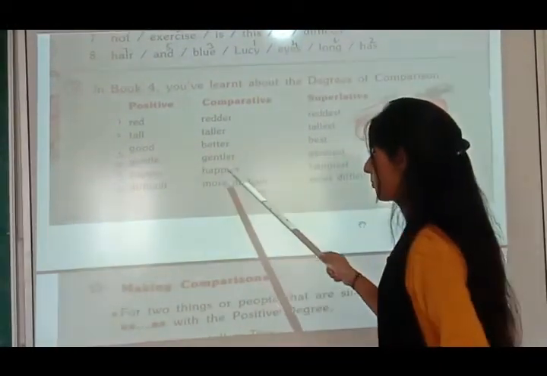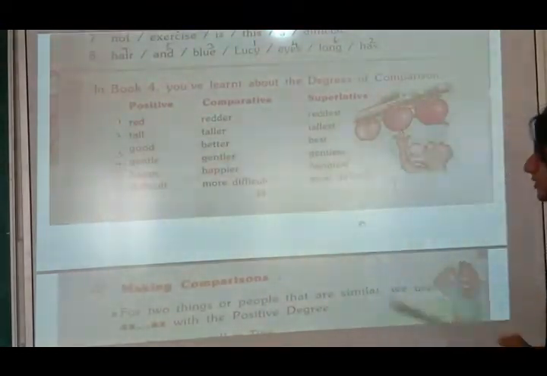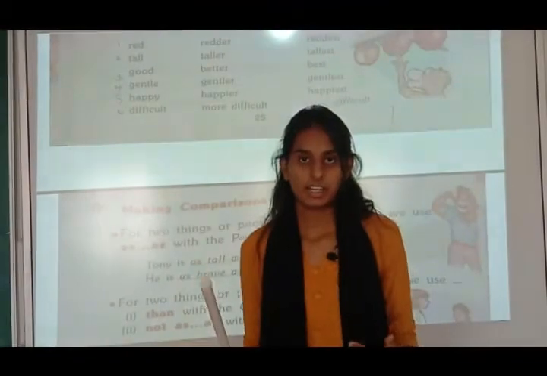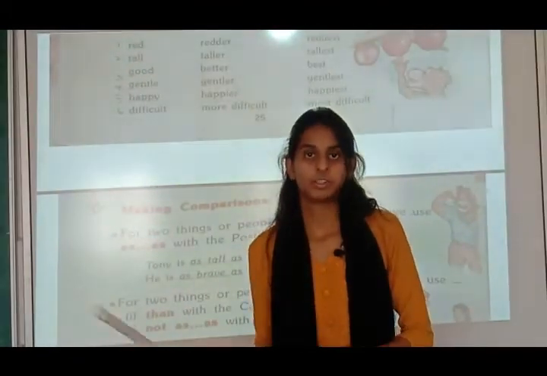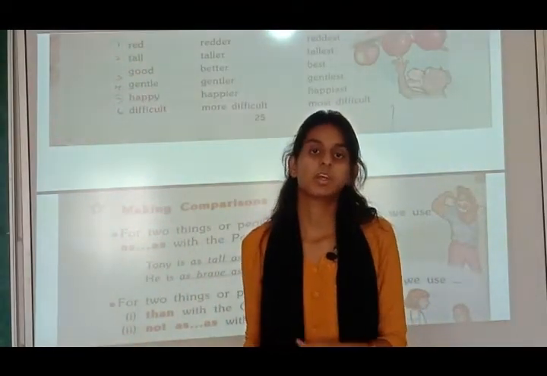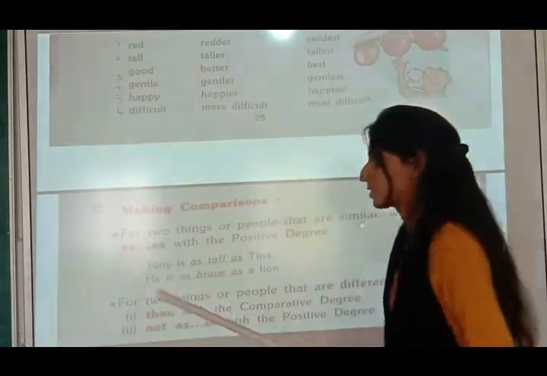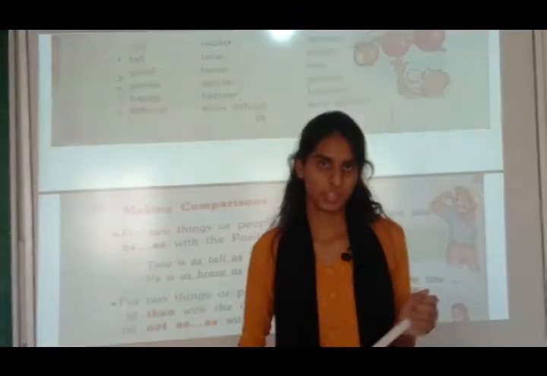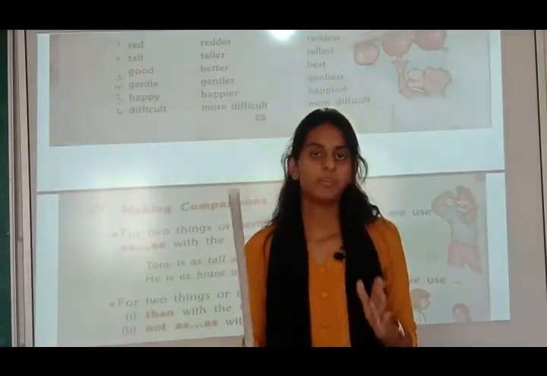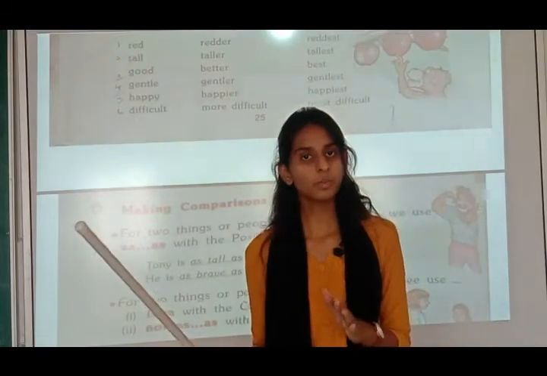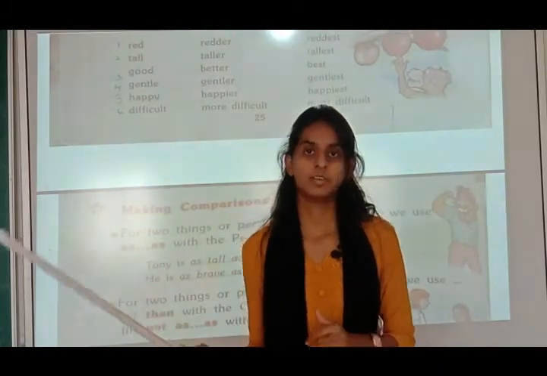You have to add more difficult and most difficult. If there is a word like intelligent, you cannot write intelliger, intelligest. You have to add more intelligent and most intelligent. So remember that when you are writing comparative, ER or more will be added, and when you are doing superlative, EST or most will be added.